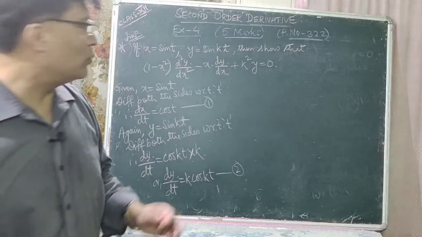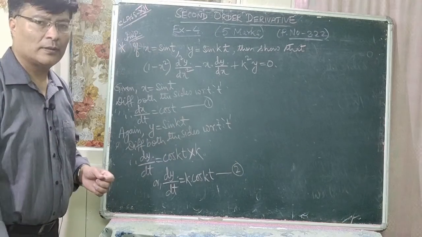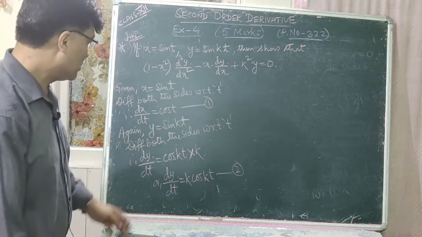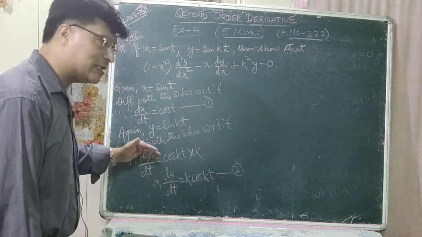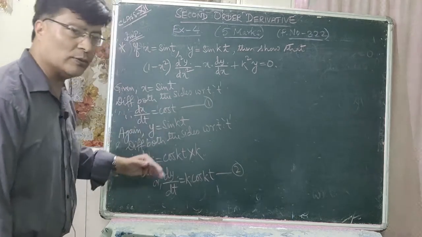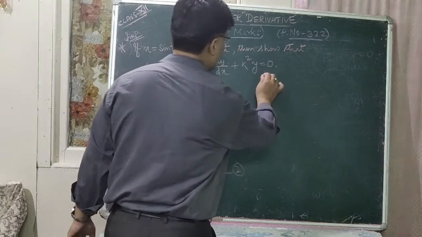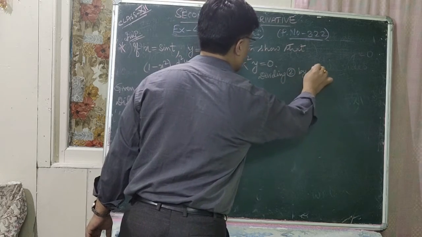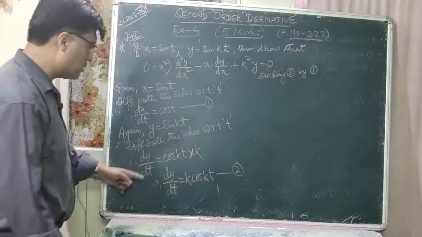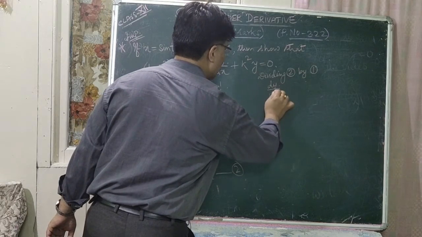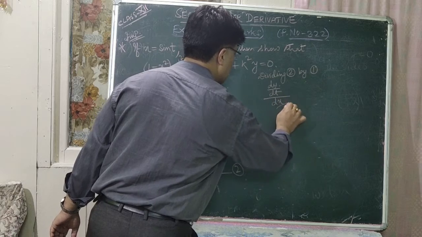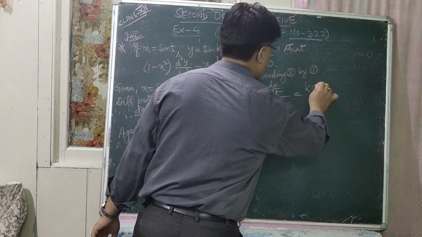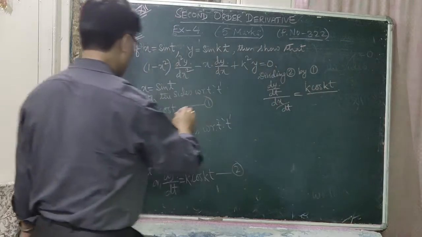So now what will you do with this 1 and 2? You can divide it in order to get the value for dy by dx. So dividing 2 by 1, what do we get? dy by dt divided by dx by dt, which is equal to, on the right hand side, k cos kt divided by, what is dx by dt?